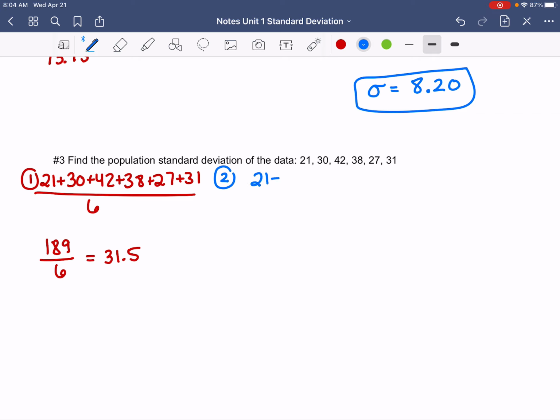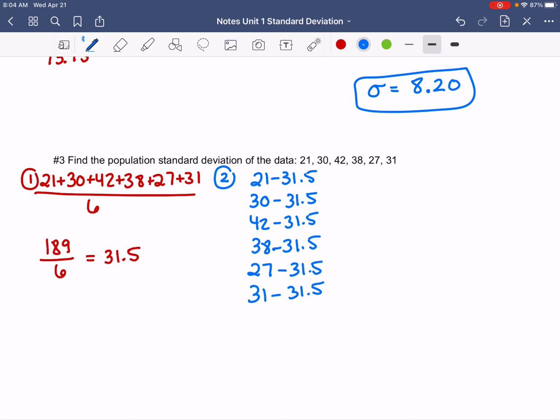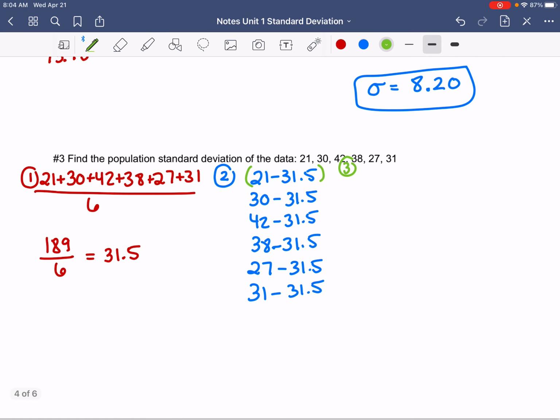So 21 minus 31.5, 30 minus 31.5, 42 minus 31.5, 38 minus 31.5, 27 minus 31.5, 31 minus 31.5. So 1, 2, 3, 4. Okay, got them all. And then I'm going to combine that with step 3, which remember is the step where I just square it.